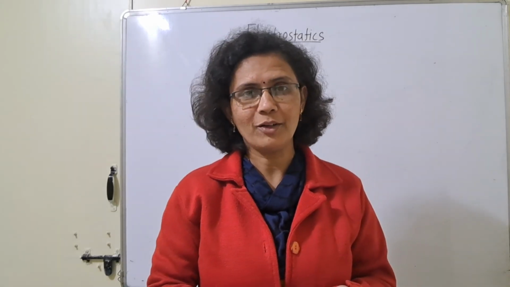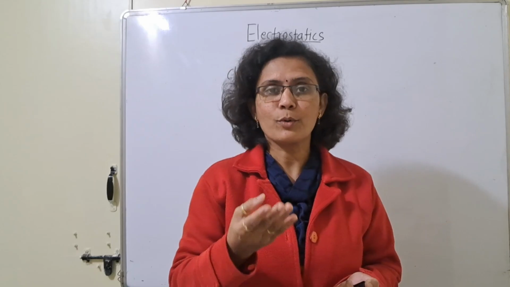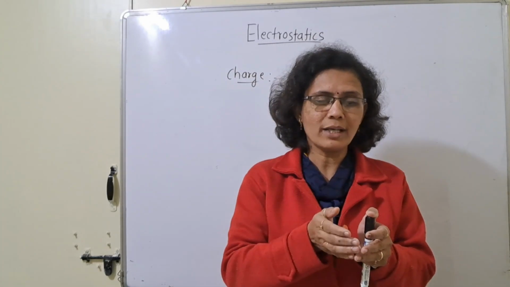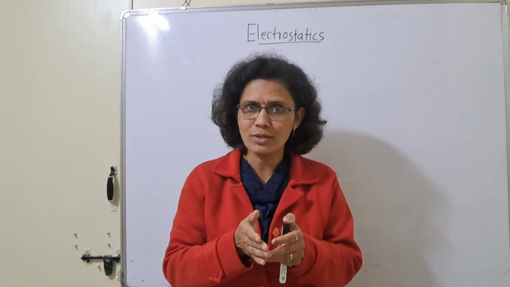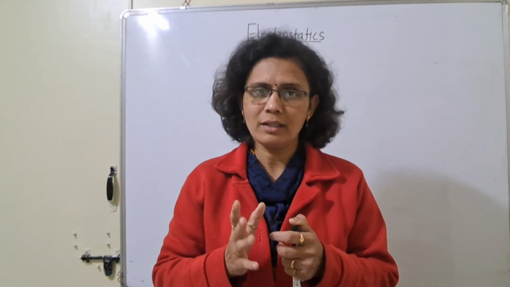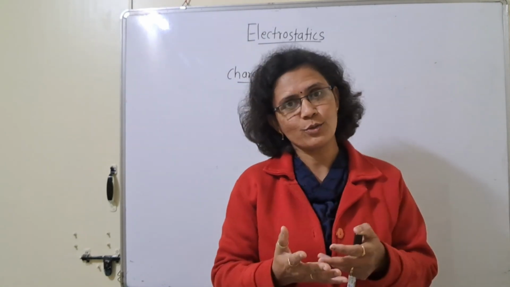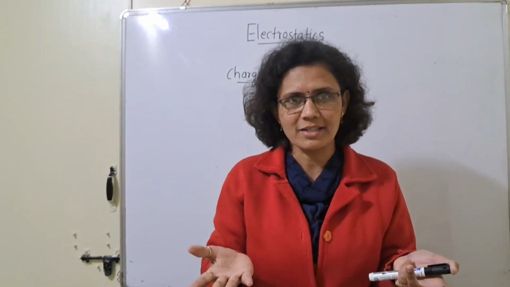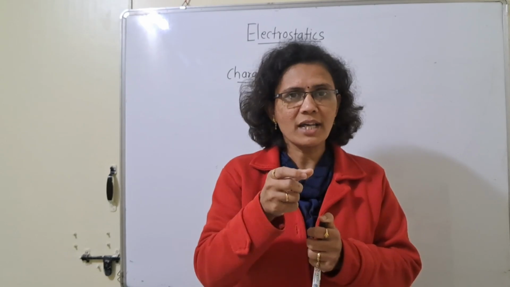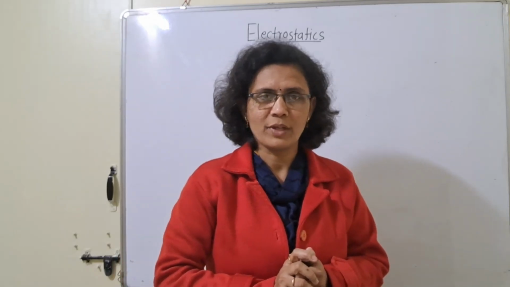They are present in the atom. In the nucleus there are protons and neutrons, and around the nucleus in circular orbits electrons are revolving. Electrons are negatively charged, protons are positively charged, neutrons are chargeless. Charge is the basic property of these elemental particles.